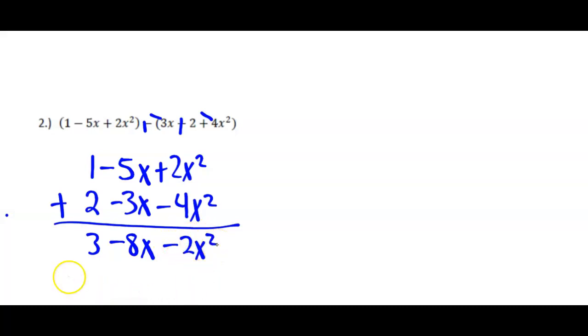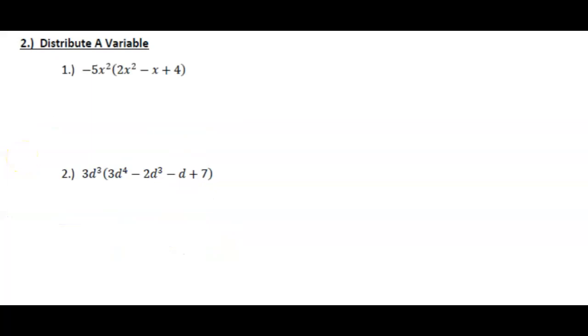Ideally, you'd want to write that in front and that in the back, but I didn't reorder it, and that's okay. So that's how we do addition and subtraction. I added these, but before I did that, I changed the sign. Same method. Do number 1 and check your answers on Schoology.